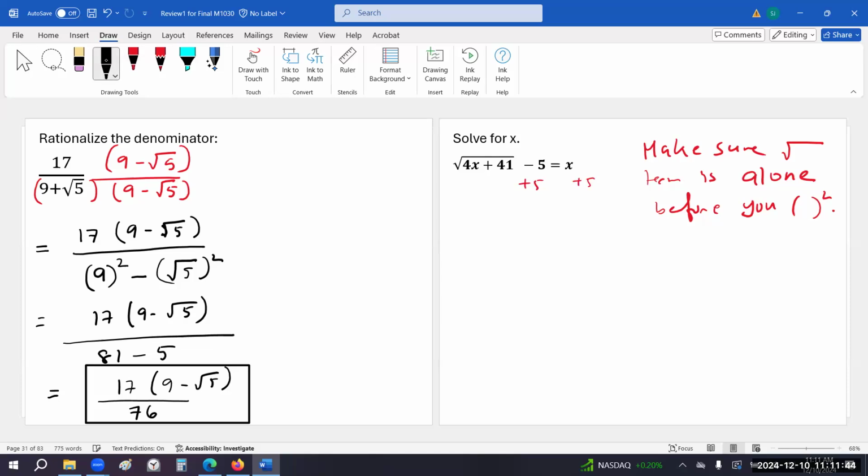So we have the square root of 4x plus 41 equals x plus 5. Now, square both sides. We get 4x plus 41 on the left. And what is x plus 5 squared?